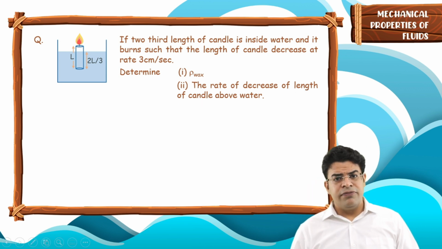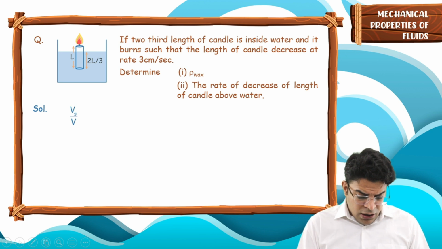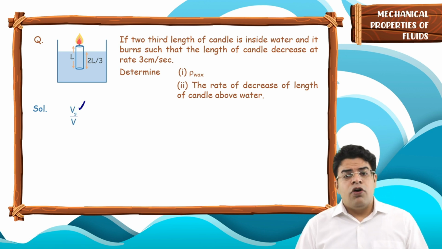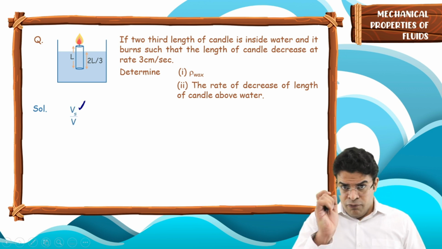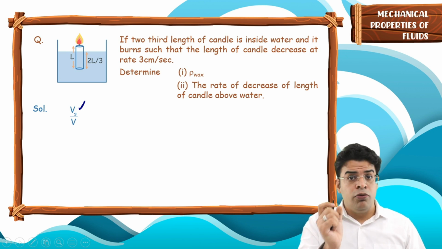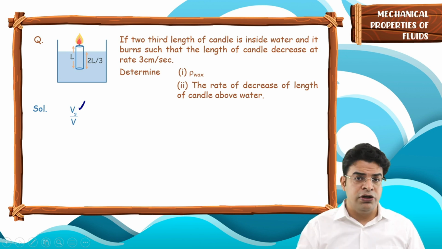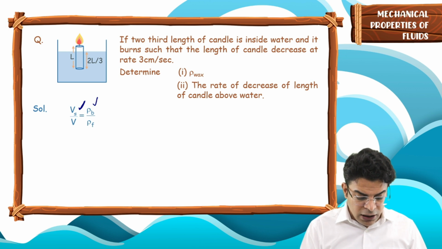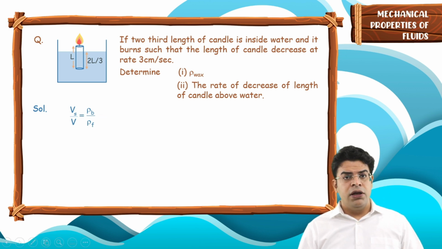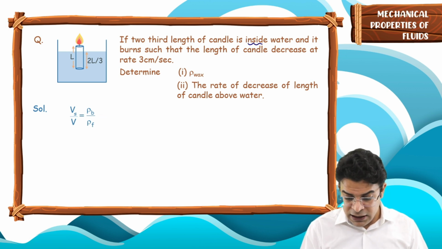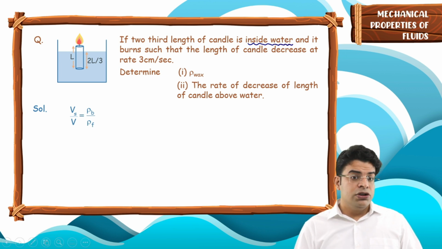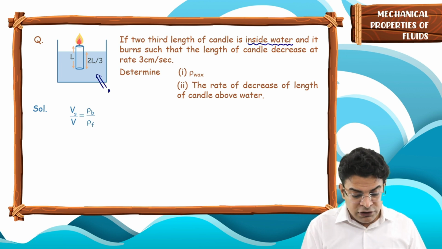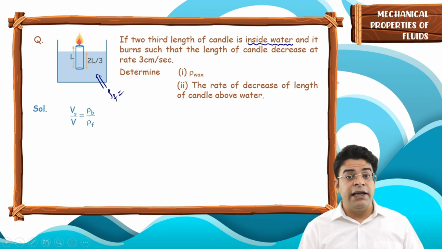We know that the fractional volume submerged, the volume submerged upon the total volume of the body, equals the density of the body upon the density of the surrounding fluid. Here the candle is floating in water, so we know the density of the surrounding fluid, which is 1000 kg per meter cube.